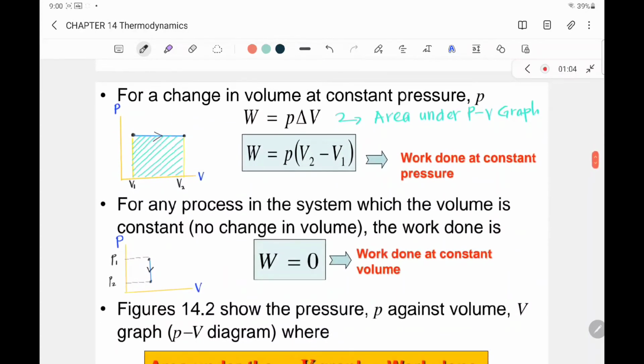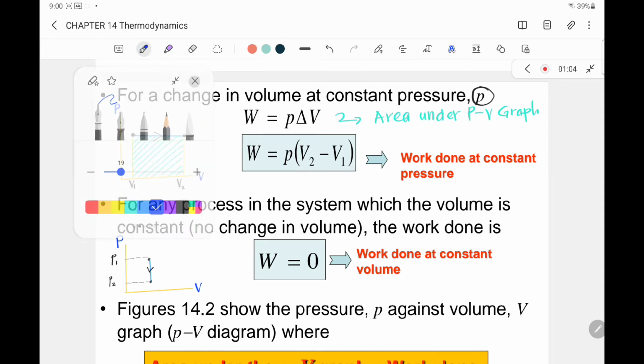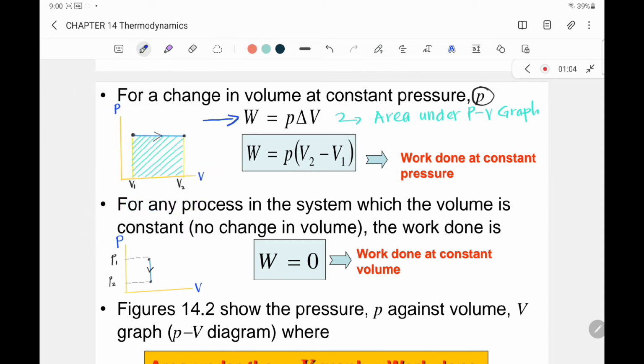For a change in volume at constant pressure, W is equal to P delta V, which is equal to the area under the PV graph. So work done W is equal to P in bracket final volume V2 minus initial volume V1.